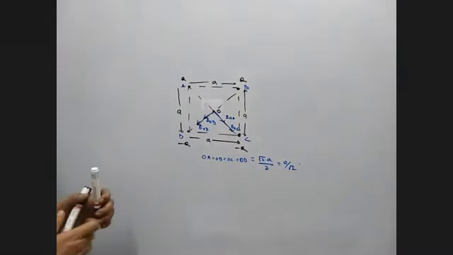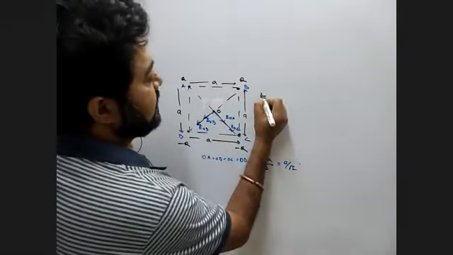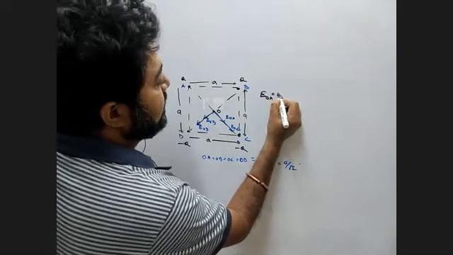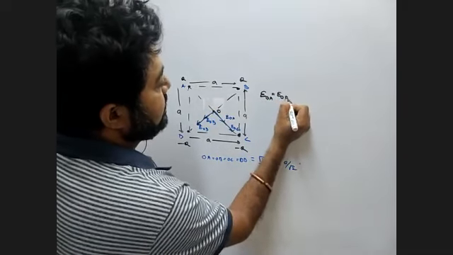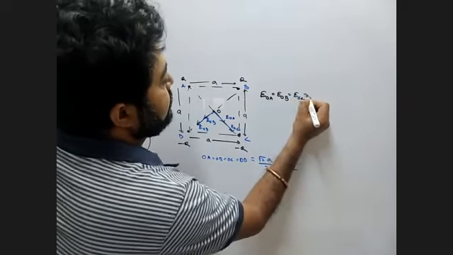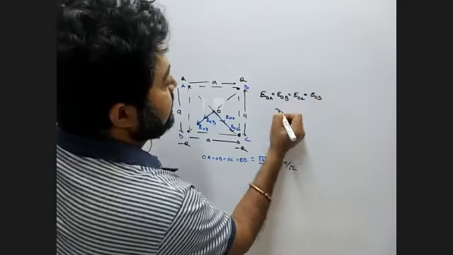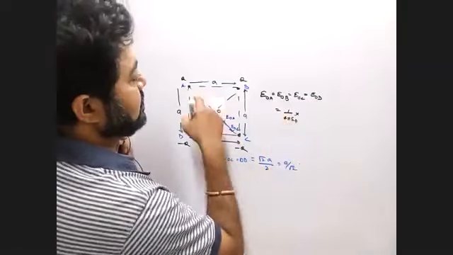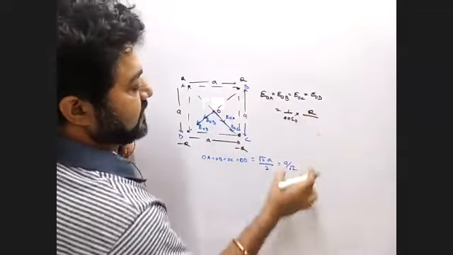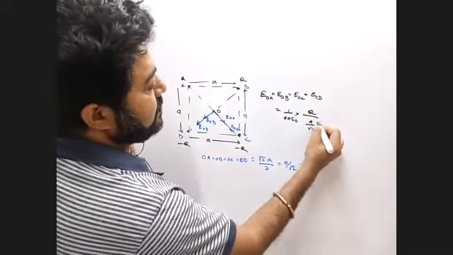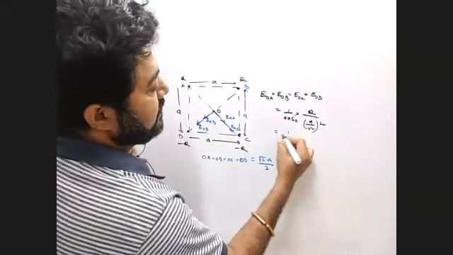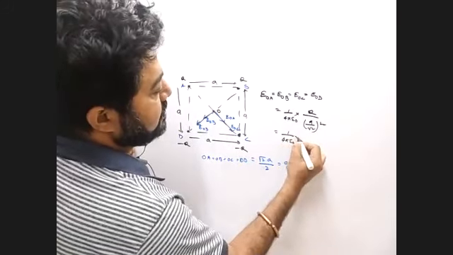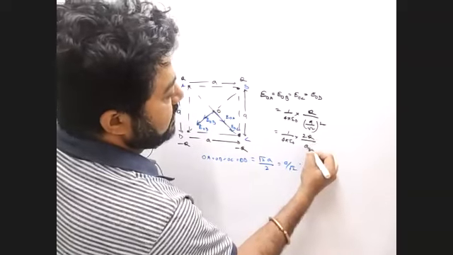In terms of magnitude, they are the same. They are the same value, 1 by 4 pi epsilon naught Q by the distance squared. What is the distance? A by root 2 whole square. So what you have is 1 by 4 pi epsilon naught 2Q by A square.